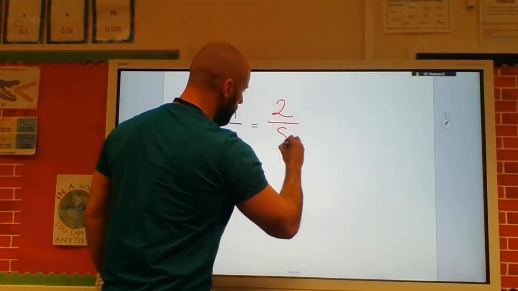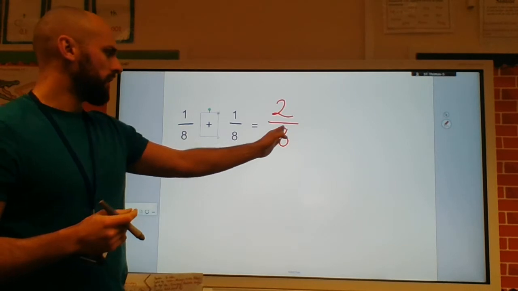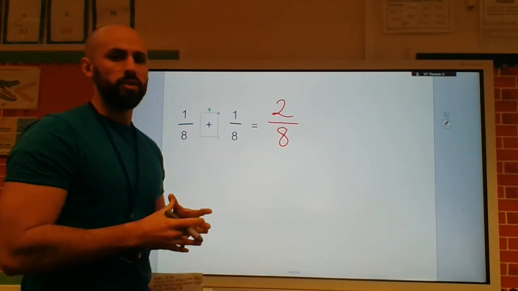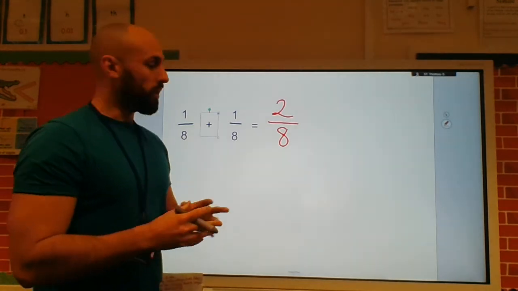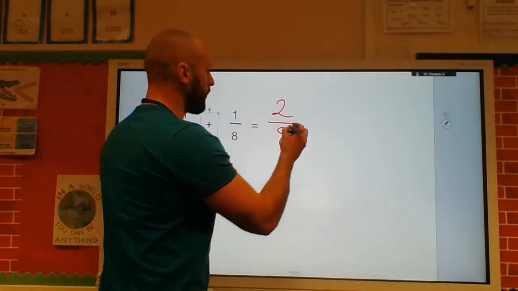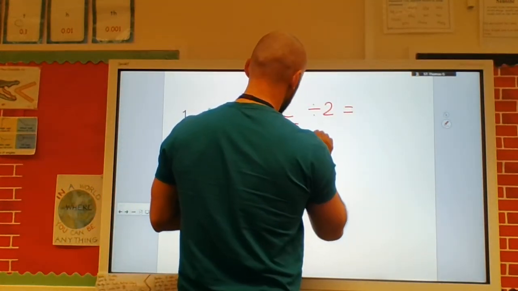So the process that you take is you think about 2 and 8. Do they share any common factors? Well, they do. They're both multiples of 2. So therefore, I can divide them both by 2.